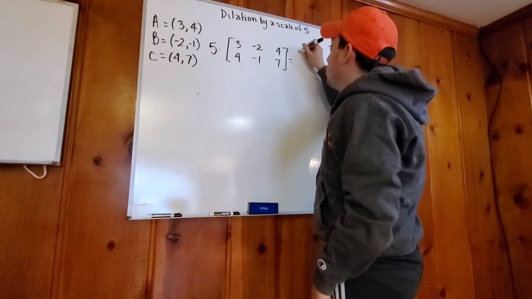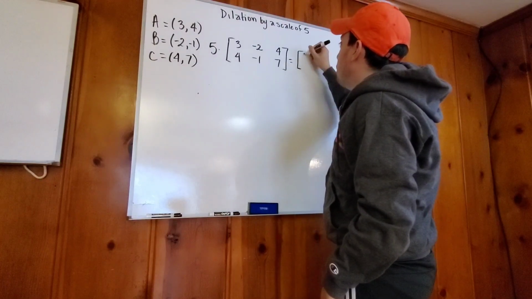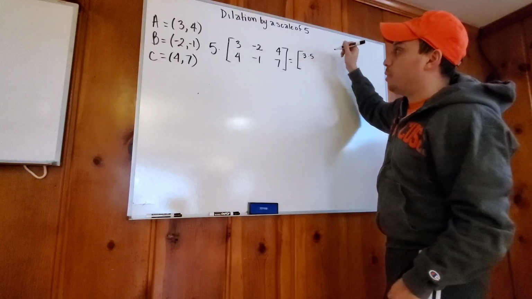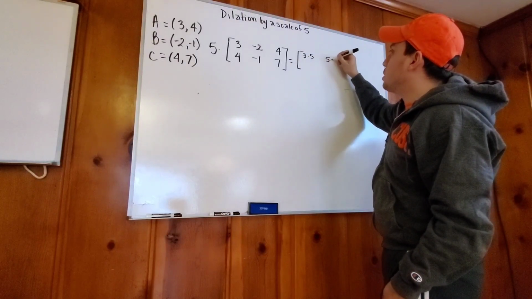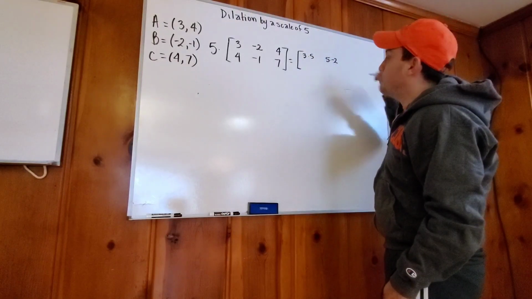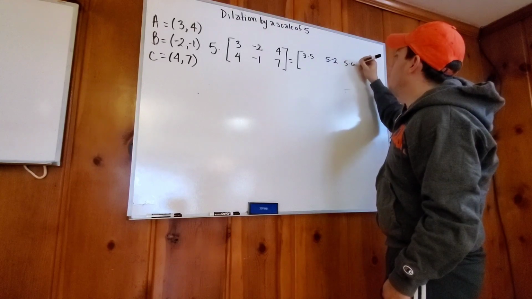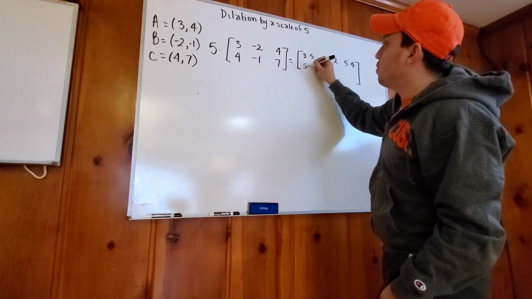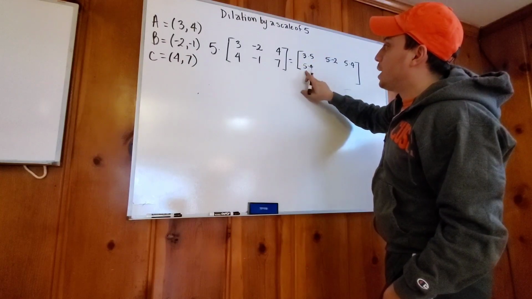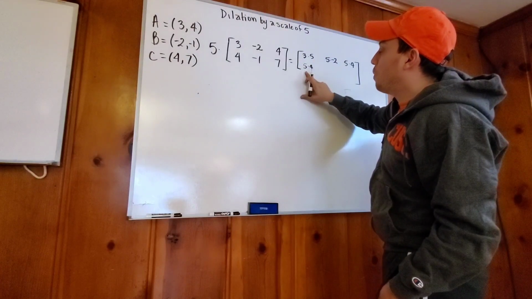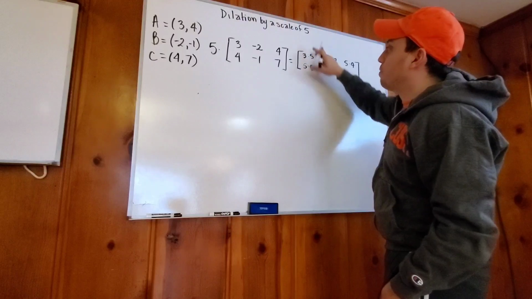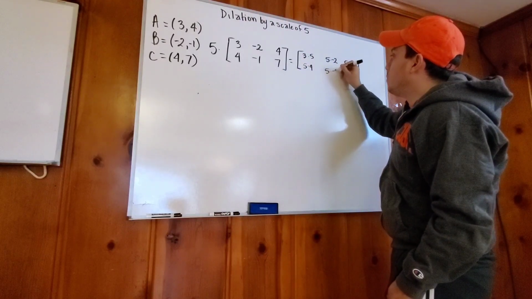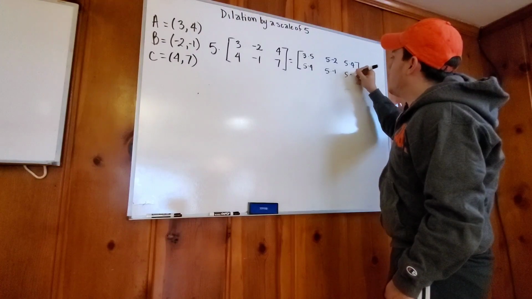And so I'm going to write it here so that people don't get confused. 3 times 5 is going to be my first element, and then 5 times -2 is going to be my second element, and then 5 times 4, and then it's going to be 5 times 4 for my first element in the second row, first column, and then it's going to be 5 times -1, and then 5 times 7.